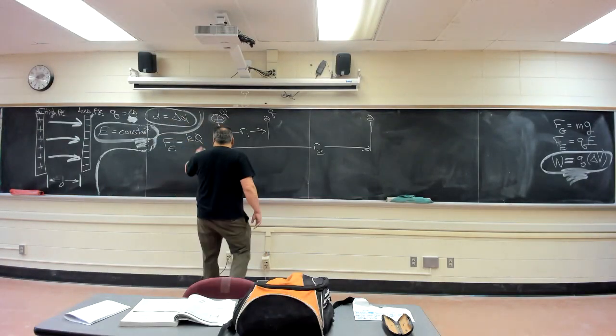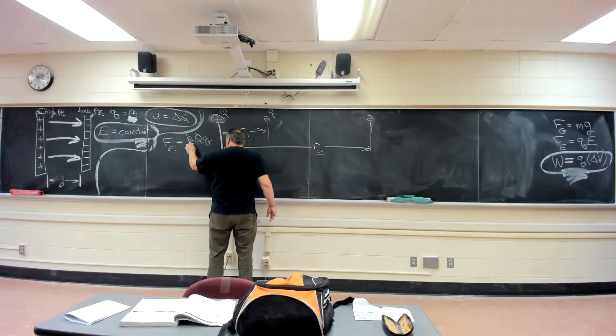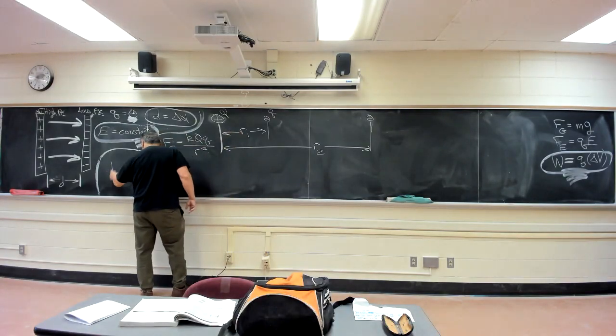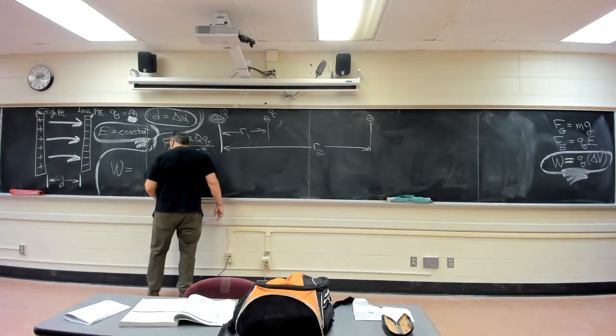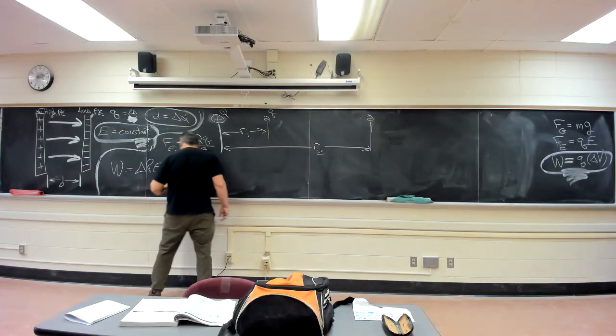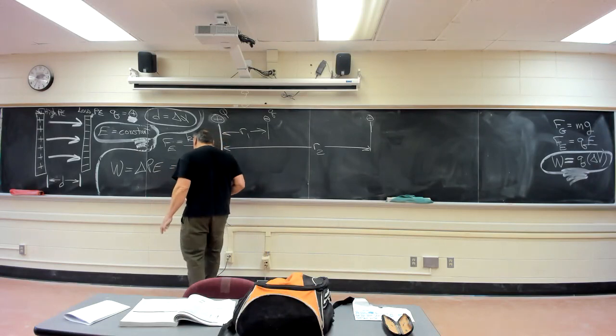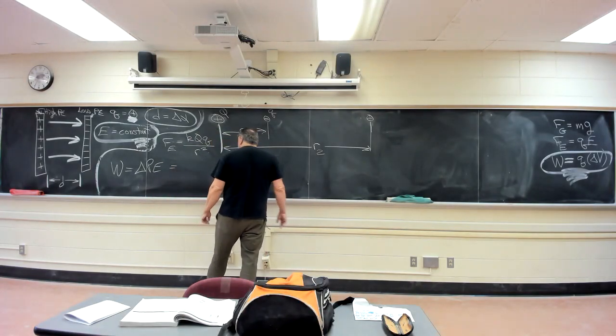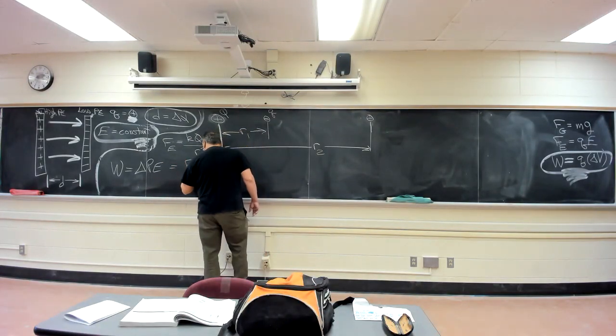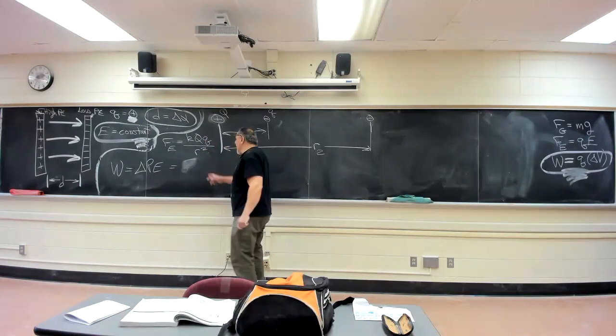And let's say you got this. K is a constant, capital Q is a constant, and lowercase q is a constant. R squared is not. We also know that the work that you're going to do is going to be the change in the potential energy, and we already set it up to be positive. Now we're just going to have to be careful about this. It's going to be Fe. This is a constantly varying phenomenon, guys.